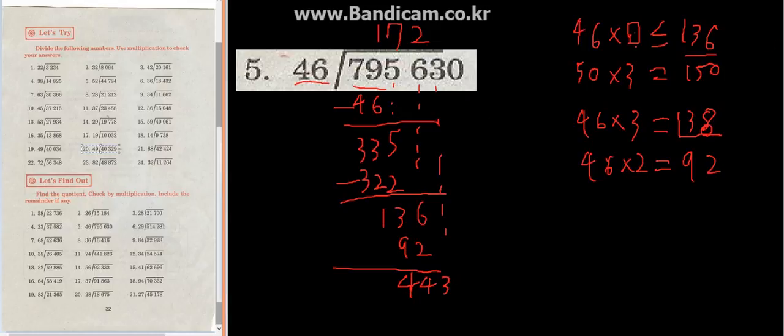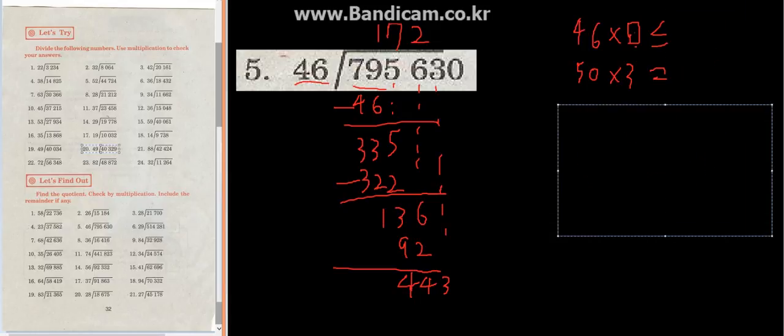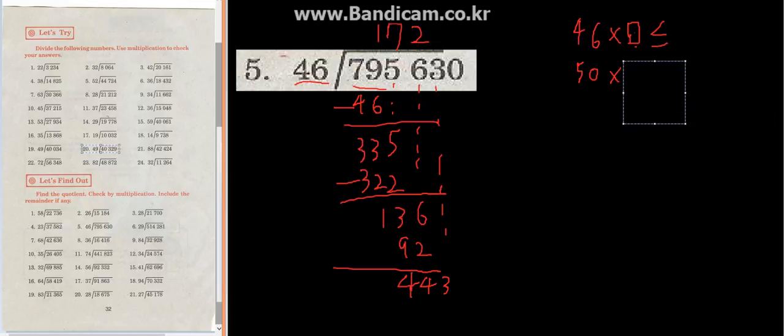And this time, erase these. Write down 443. And 443 is 450-ish. And this time it is close to 9. And we have to put 9 down here.